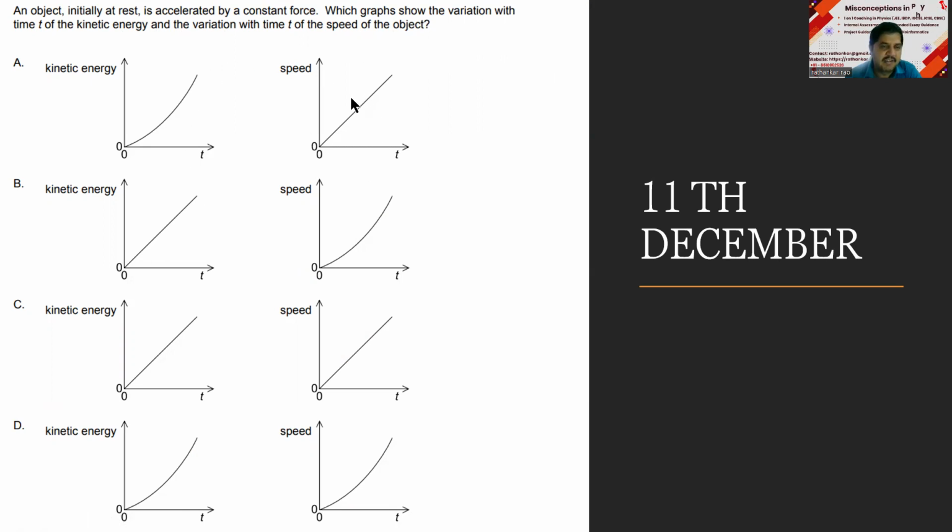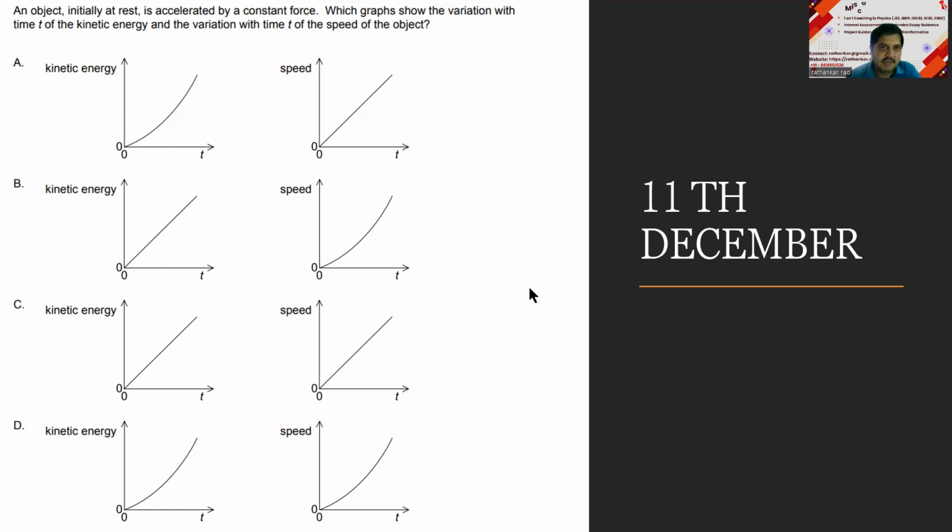You need to understand what is being asked. How does kinetic energy vary with time? How does speed vary with time? One of these graphs is correct. For example, here you see it is exponentially increasing, and here it is linearly increasing. Which of them could be right? That's what you need to look at. You need to apply appropriate rules to obtain the correct solution.